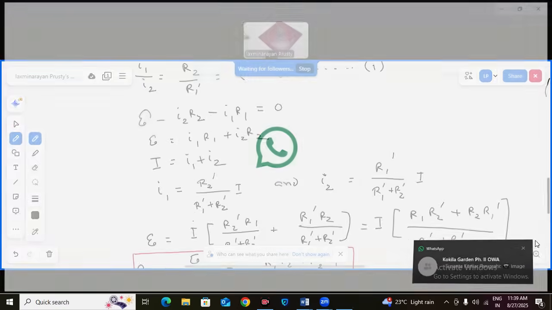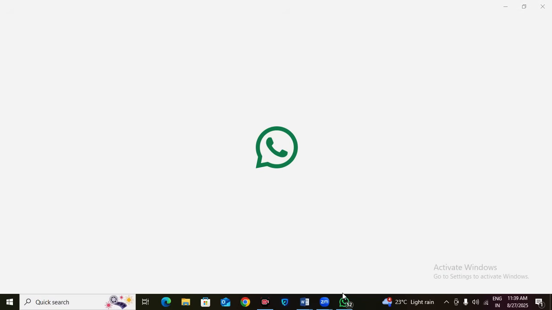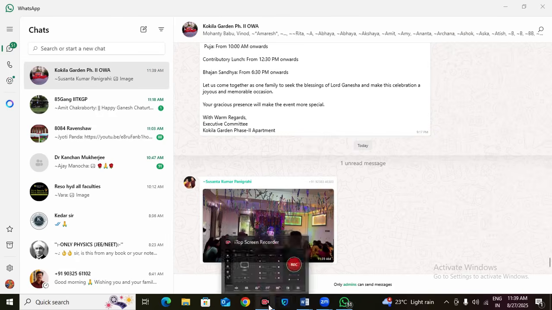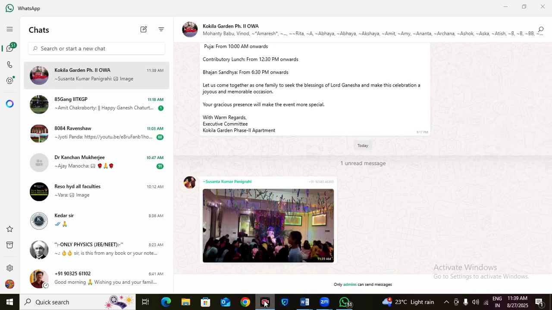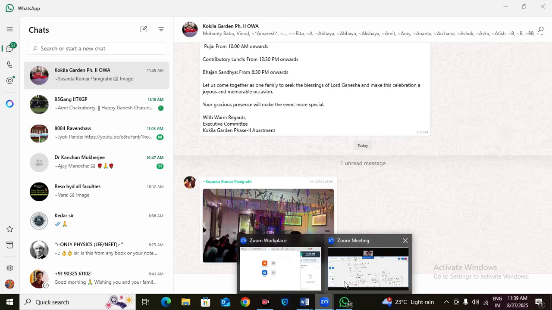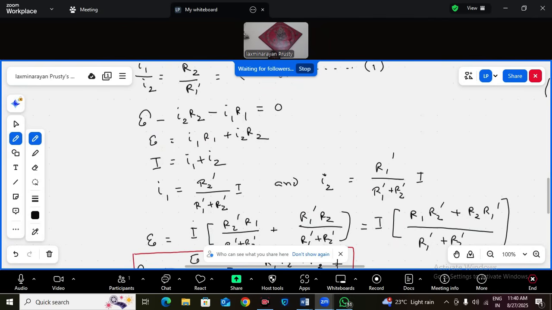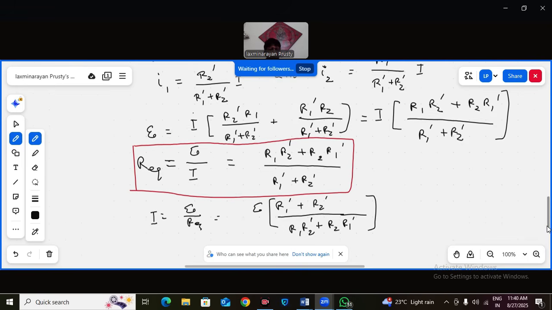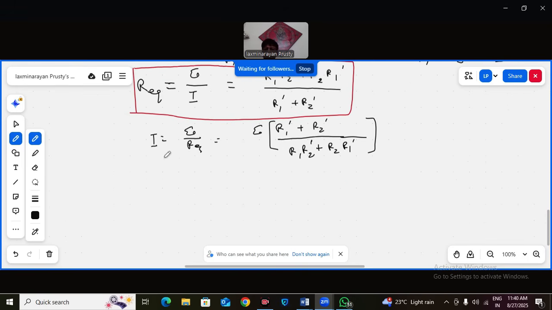Now what is I1 then? In which ratio are they divided?